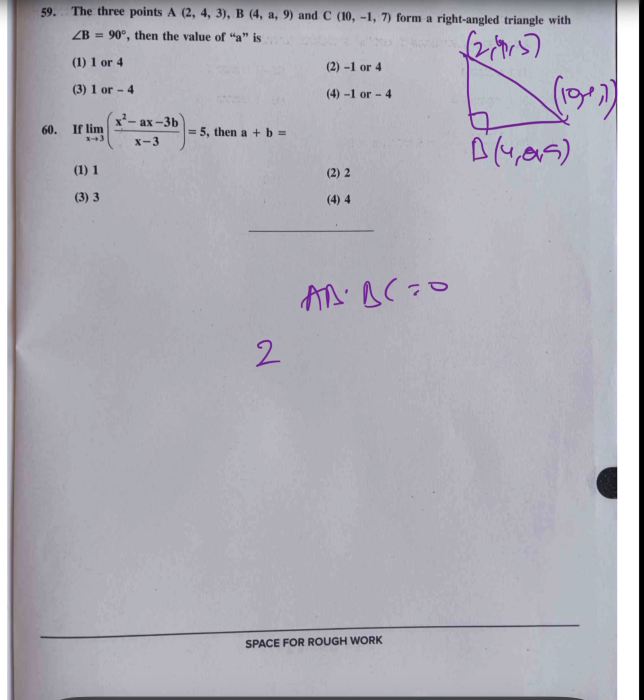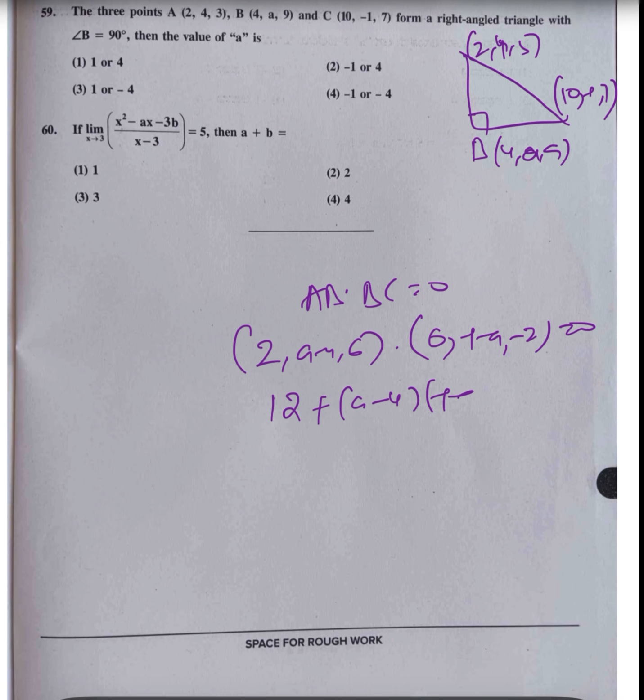AB is 2 a minus 4 6 dot BC 6 minus 1 minus a comma minus 2. Now dot product 12 plus a minus 4 into minus 1 minus a minus 12 equals 0, so that these two will get cancelled. Clearly a equals 4 and a equals minus 1.